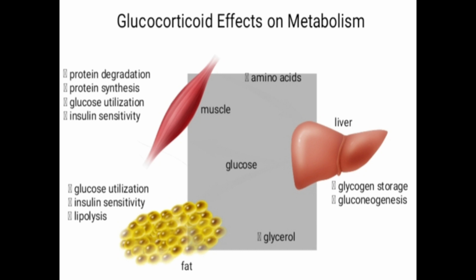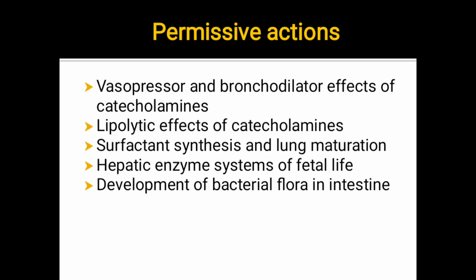The presence of glucocorticoids is essential for other hormones to carry out their respective physiological actions, and this is called the permissive action of the glucocorticoids or cortisol. Some of them are the vasopressor and the bronchodilator effects of the catecholamines, lipolytic effects of the catecholamines, synthesis of surfactant and lung maturation, hepatic enzyme systems of fetal life, and development of the bacterial flora in the intestine.